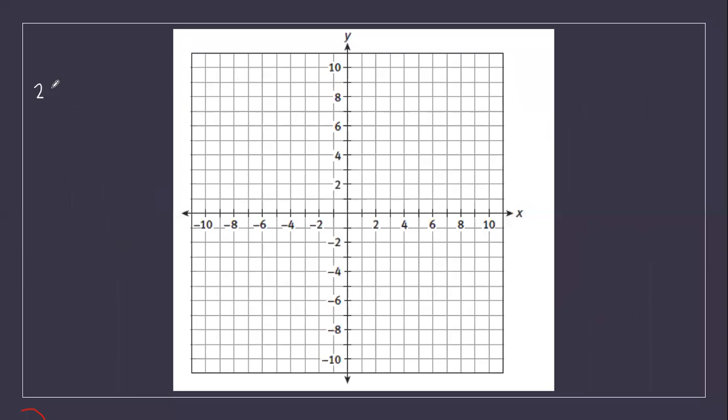I just always try to use simple numbers. So what I want you to do is to change this equation into y equals, and then put it in the chat. So I'm going to give you 1 minute and 30 seconds.